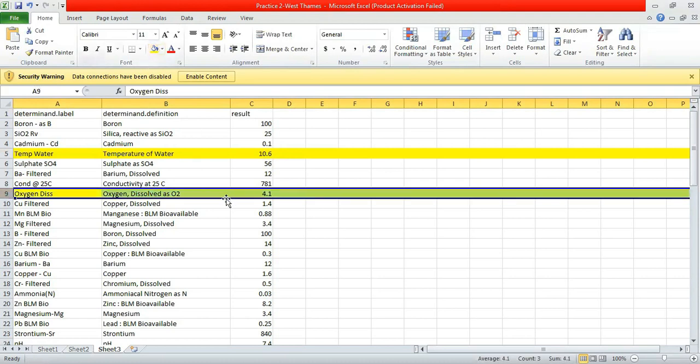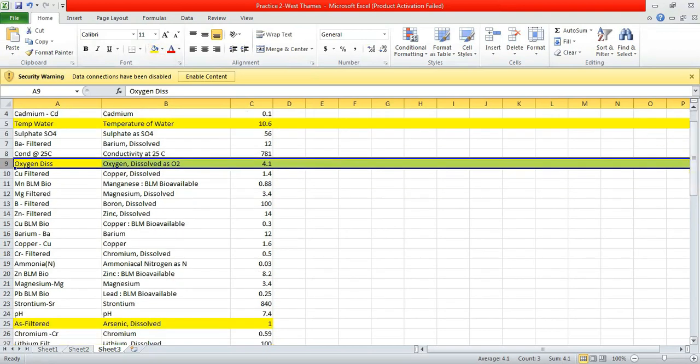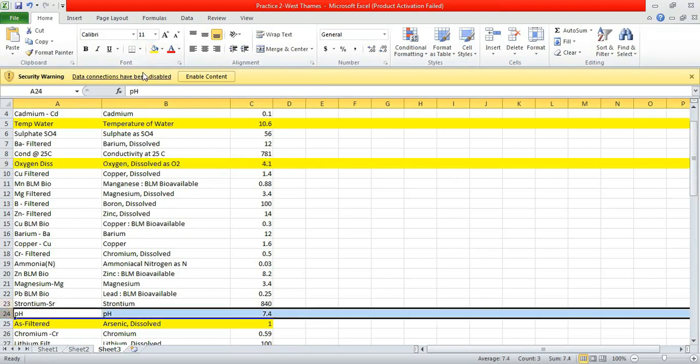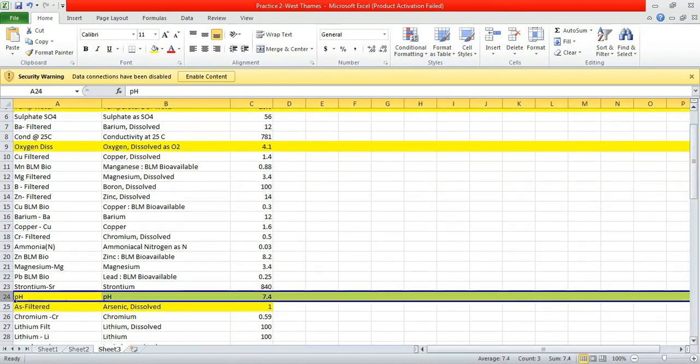Like I said, these are parameters we need, which are of concern. We go down. This is because we want it to be more easy, so we can be able to understand what we are doing. pH, okay, and then we choose, so we go down.